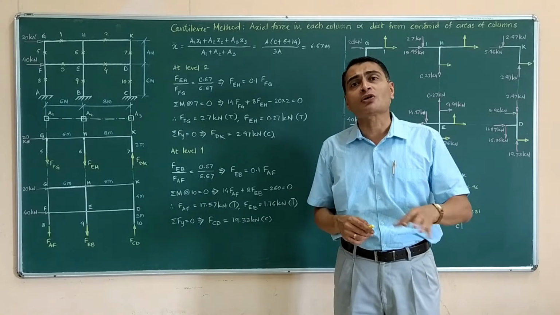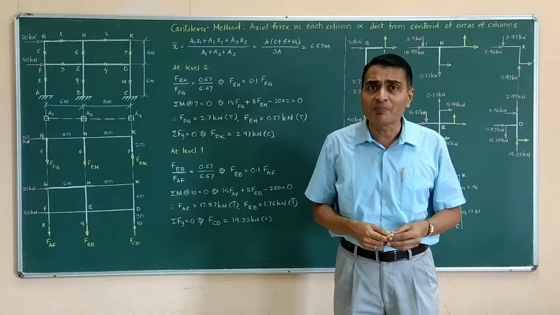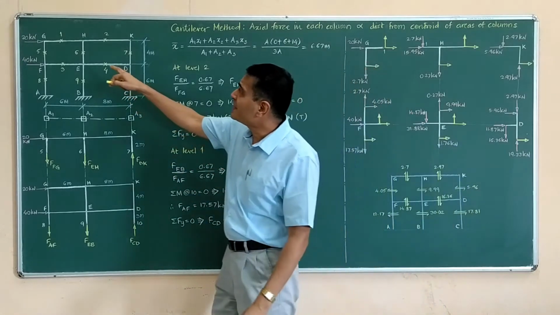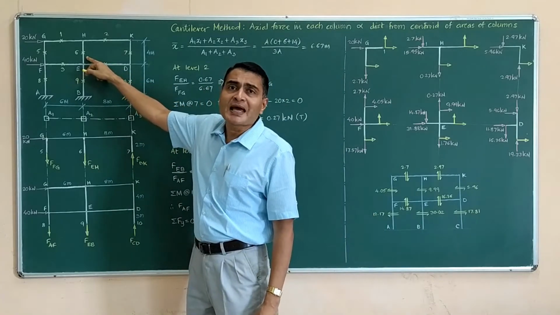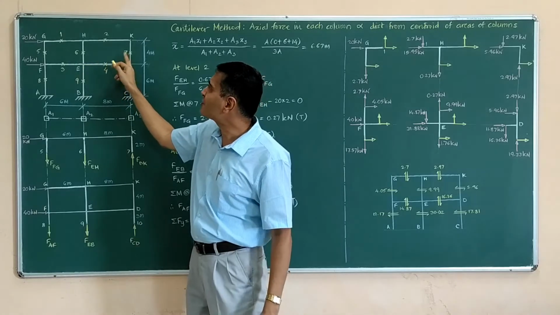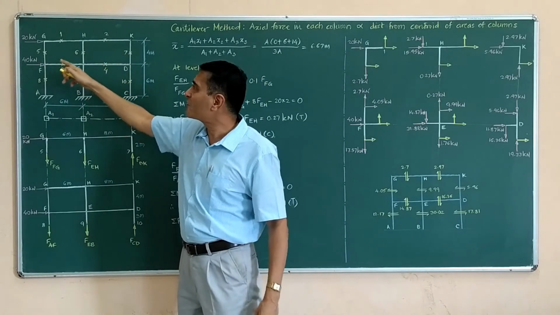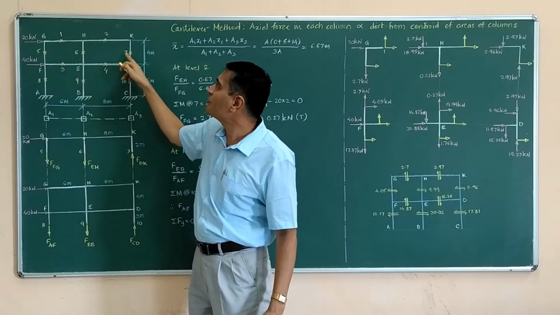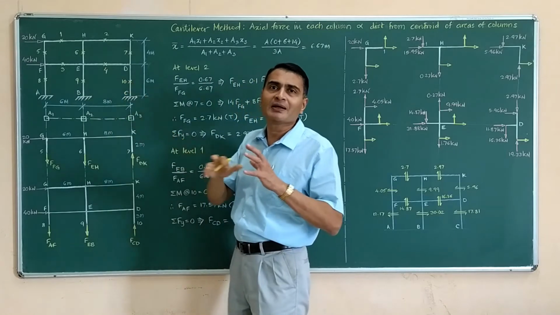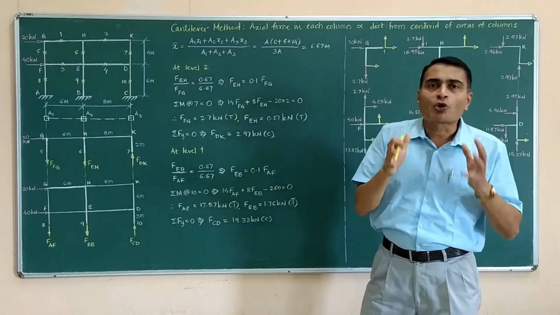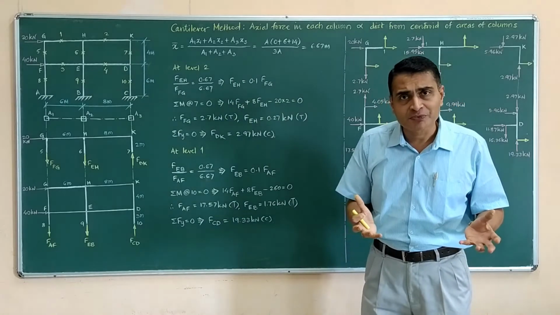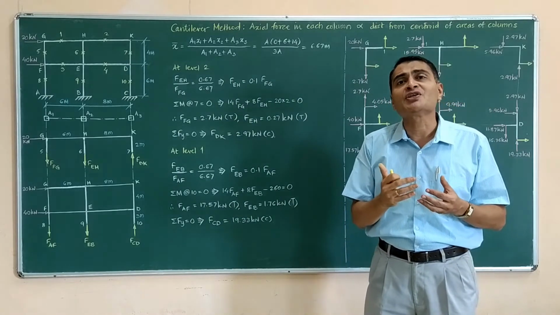Then where does the difference occur? In the Portal method, you must be remembering that the third assumption was that the interior column carries shear twice the exterior columns, and then we had assumed V, 2V, V, or V prime, 2V prime, V prime, like that.